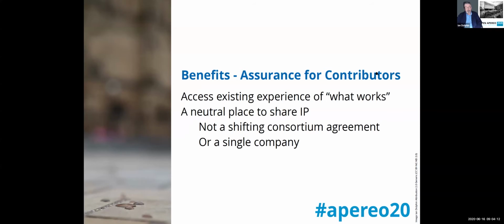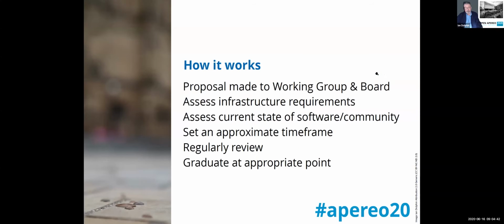And for contributors, incubation gives access to a lot of collective experience of what works and what has worked for other nascent projects and software communities, and equally what hasn't worked. And importantly, an incubating project is a neutral place for sharing intellectual property. So you don't find yourself making a shifting consortium agreement with a set of institutions, and it's not under the control of a single company.